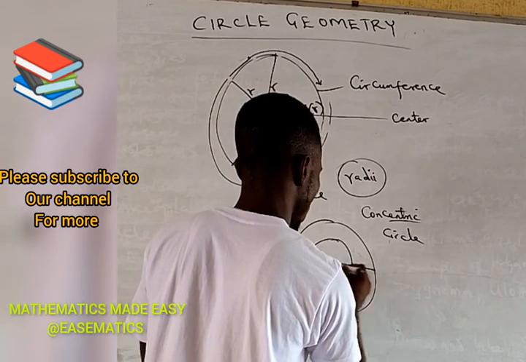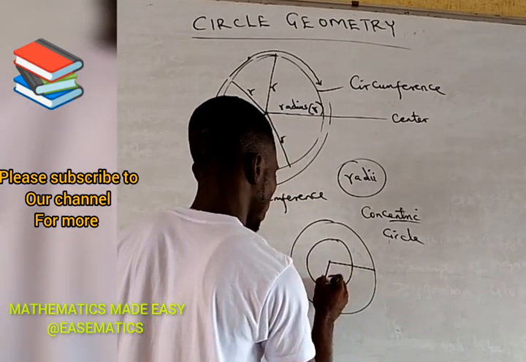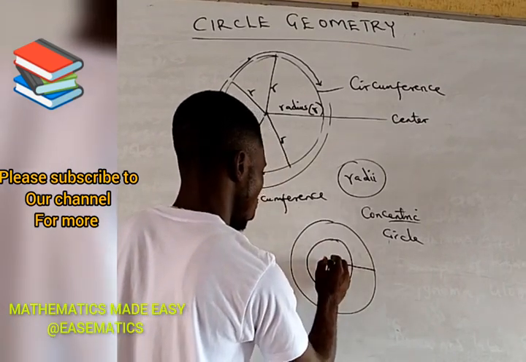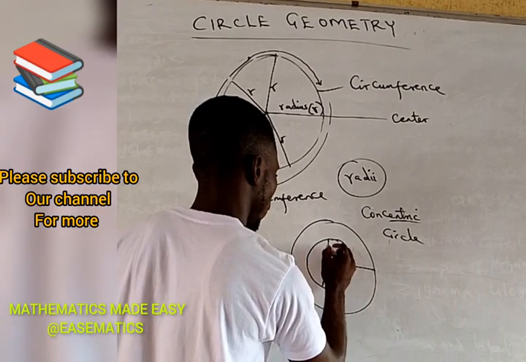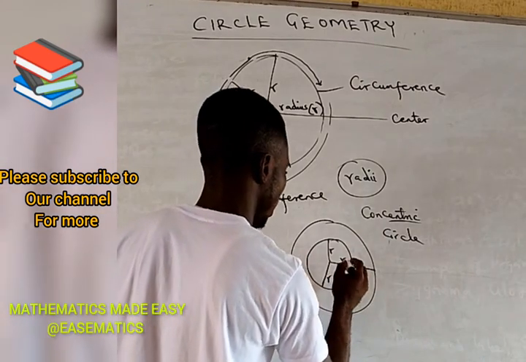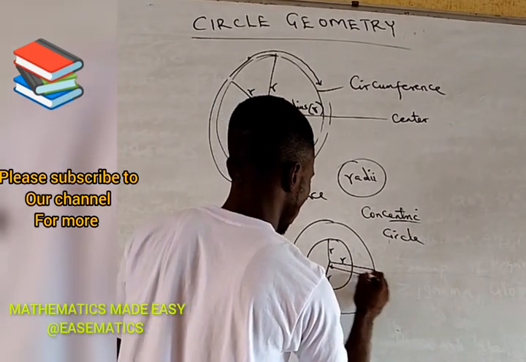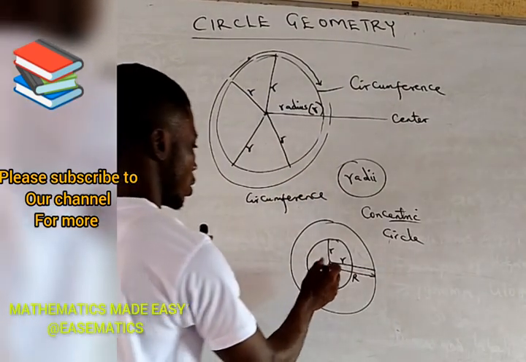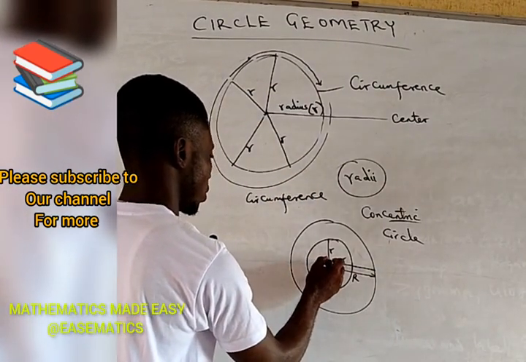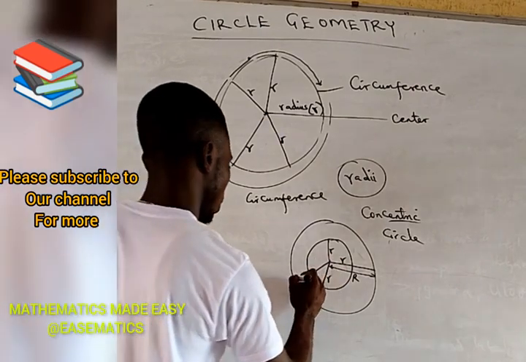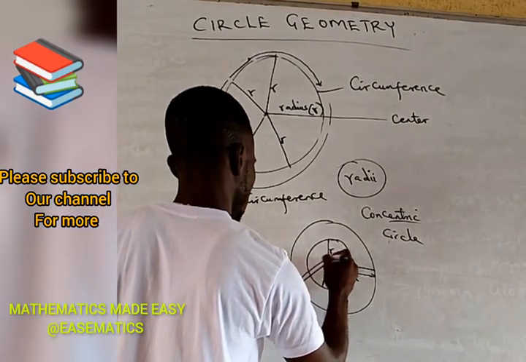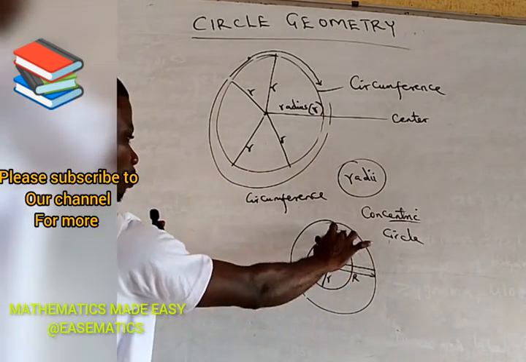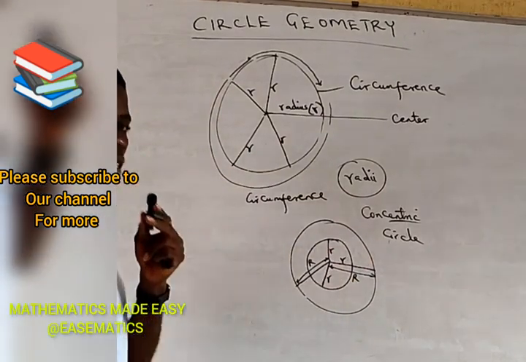The radius of this particular circle will always be equal. If I call this r, and the radius of this bigger one R, then for the bigger circle, its own radii will still be equal, but different from the radius of the smaller circle.